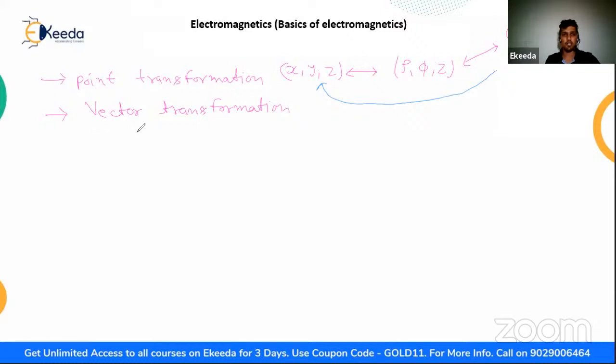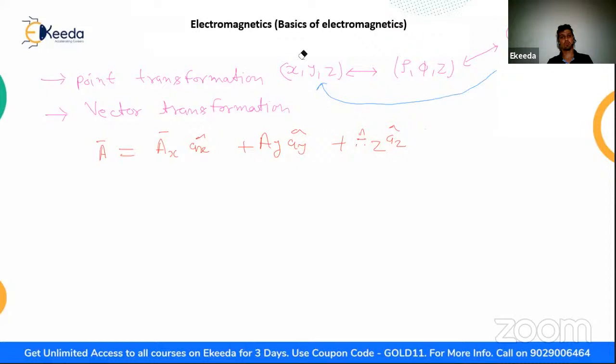And similarly, vector transformation is also there. What it means is that if you are given a vector, suppose this is A, with ax directed in ax, plus ay directed in ay, plus az directed in az.